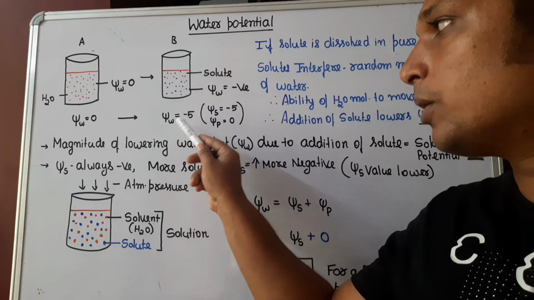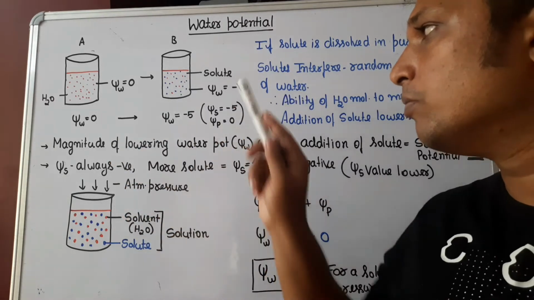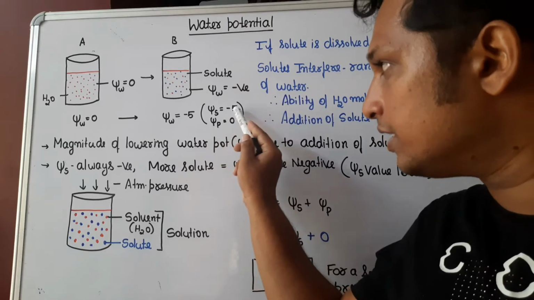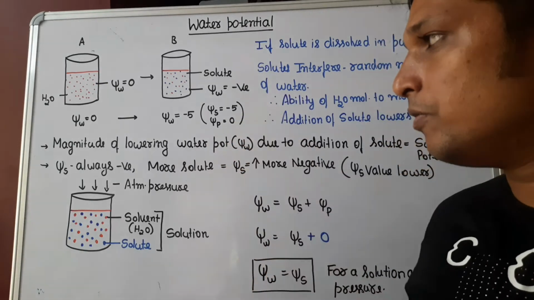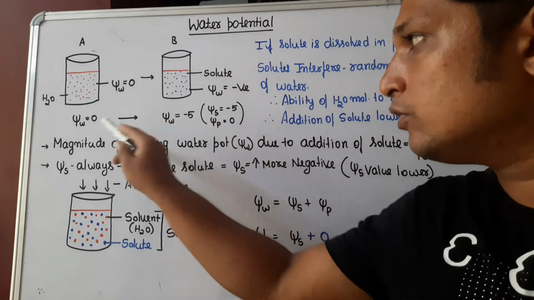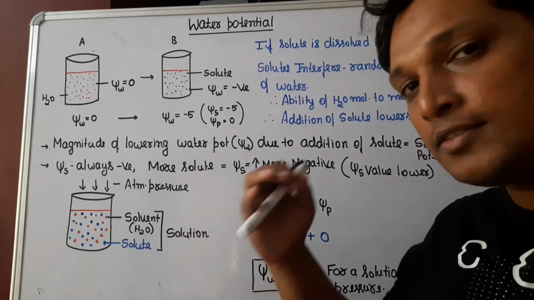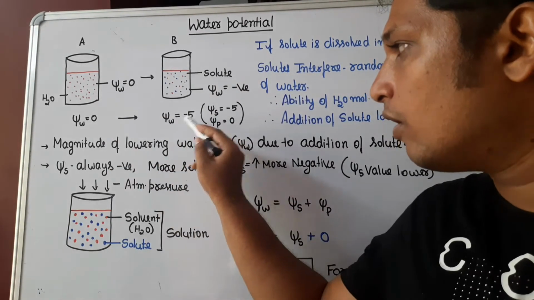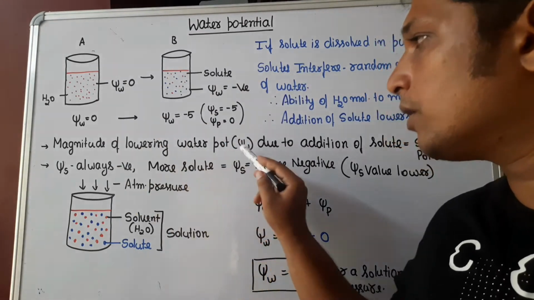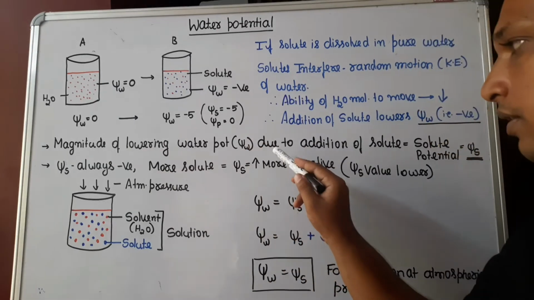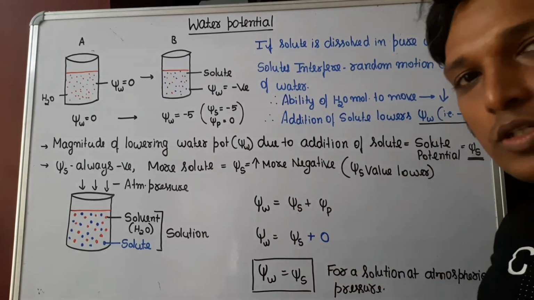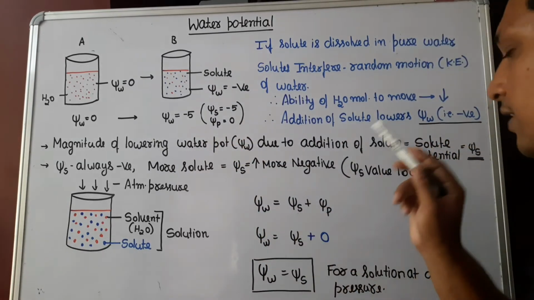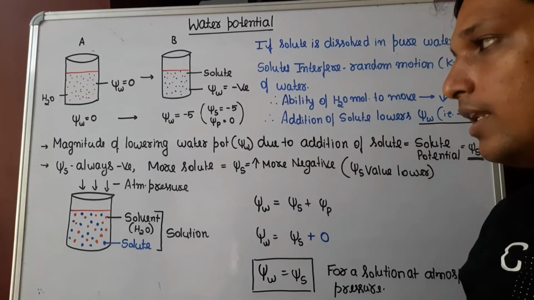Let us take the water potential as having become 0 to -5. Why -5? Solute is there now, and pressure is 0. So from 0 to -5, there is lowering. This is the magnitude. The magnitude of lowering of water potential, 0 to -5, due to addition of solute is called solute potential.